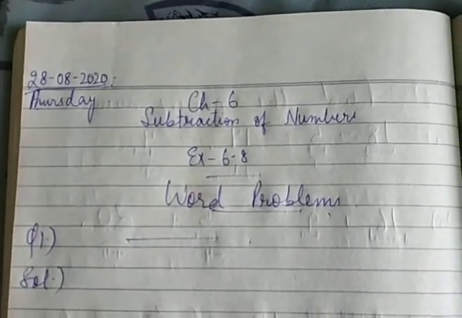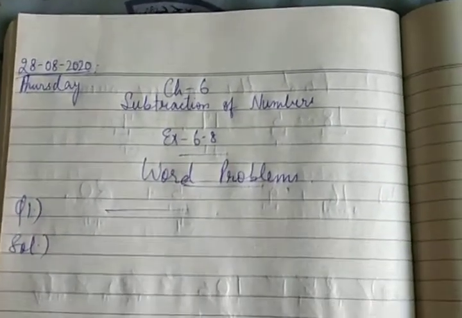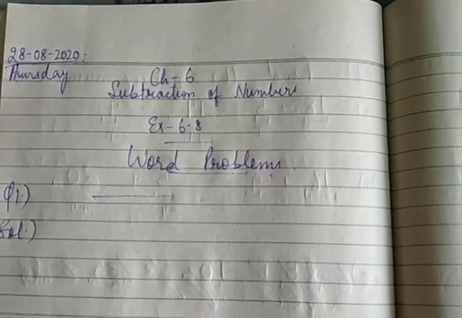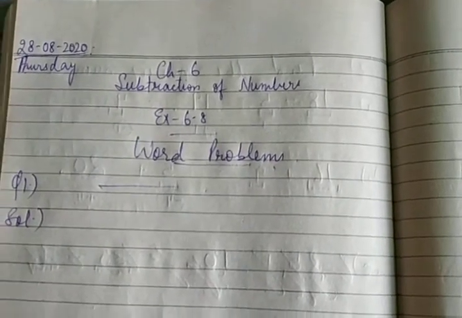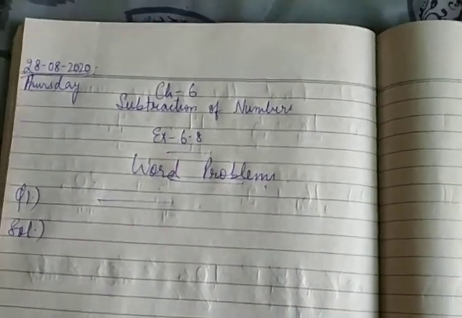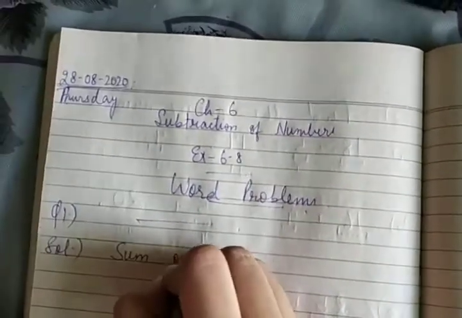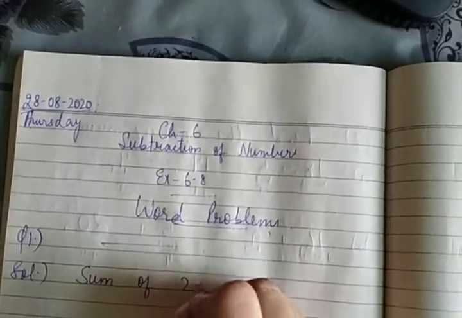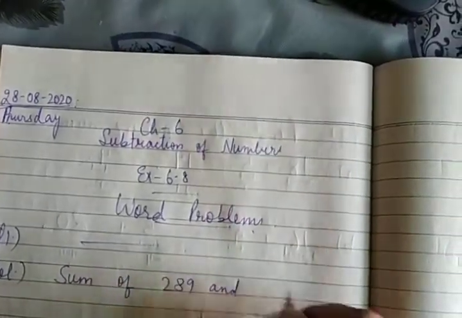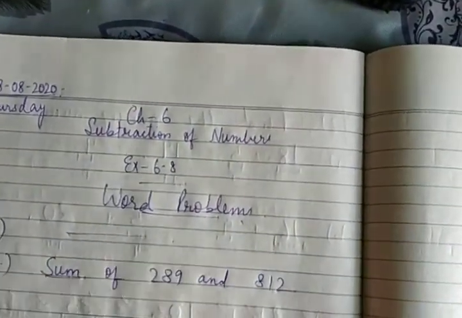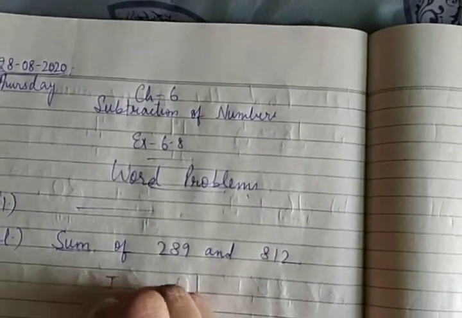The question is, subtract the sum of 289 and 812 from 3500. So first you have to do the sum. Sum of 289 and 812. Sum means you have to add. Write down the places.